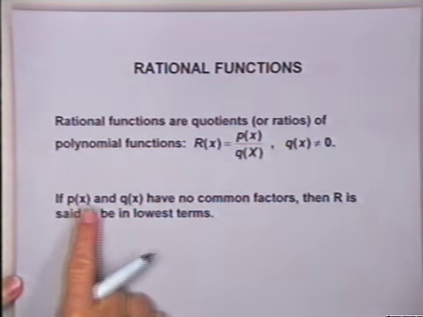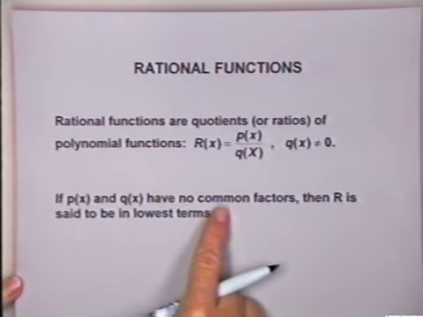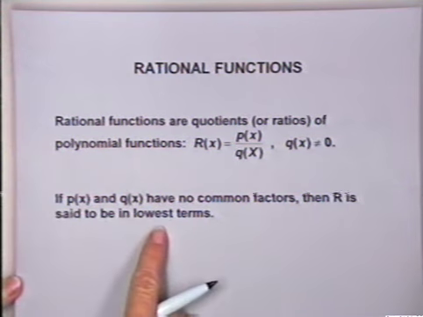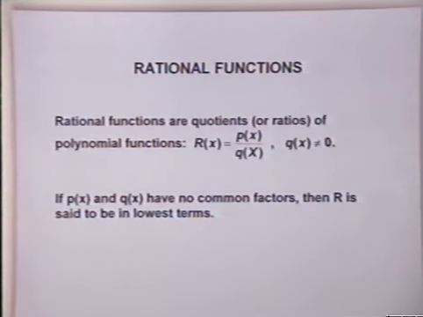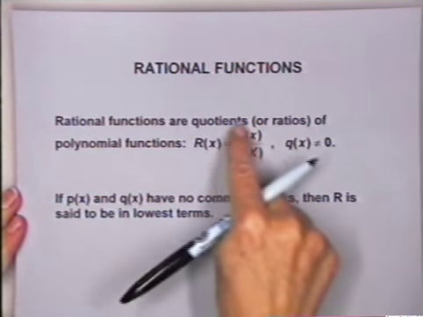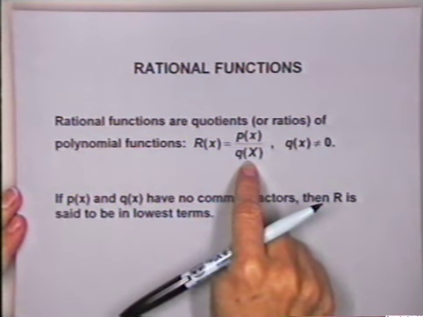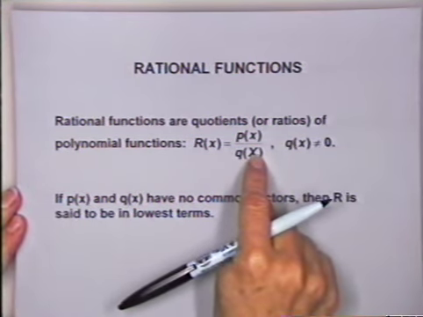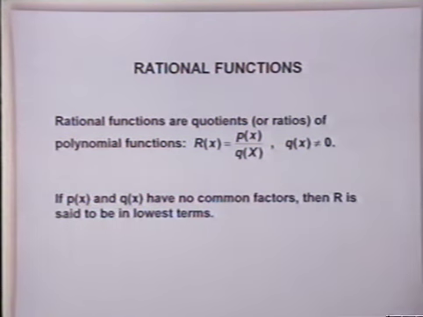If p of x and q of x have no common factors, then r is said to be in lowest terms. Now, that definition is much like the definition that you see with fractions, isn't it? And in fact, that's what our rational function is going to look like, a fraction. But in this fraction, the numerator and denominator will consist of polynomial type functions rather than just numbers.